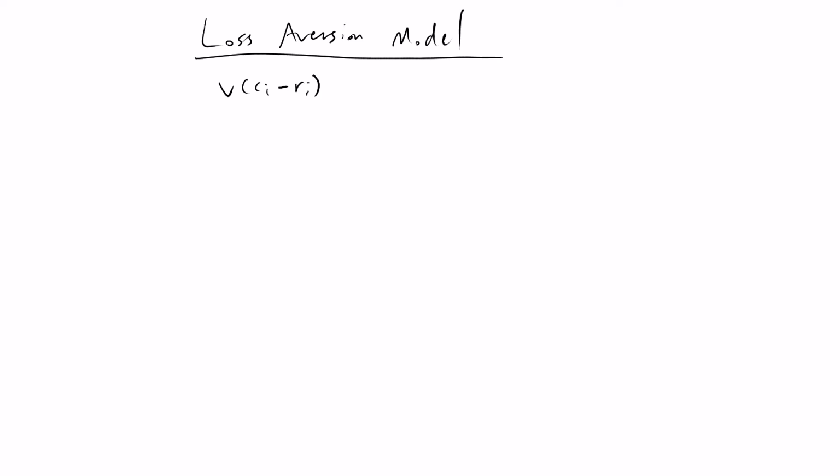Okay, so the V function represents loss aversion, and C_i is consumption of good i, and R_i is the reference point.